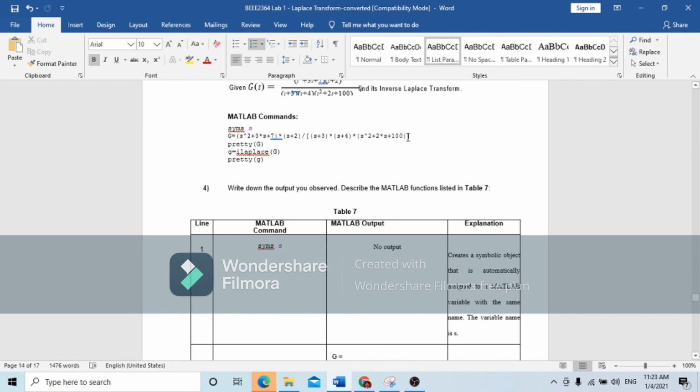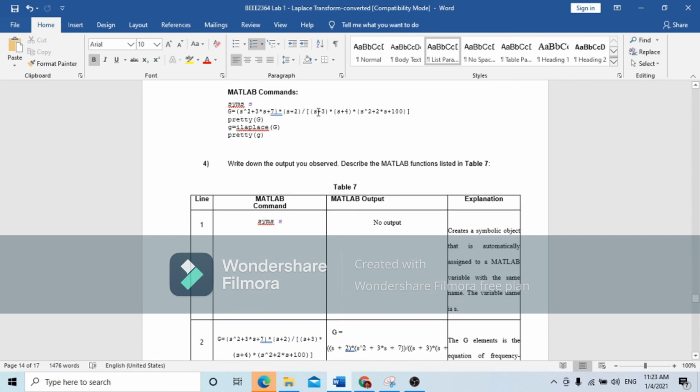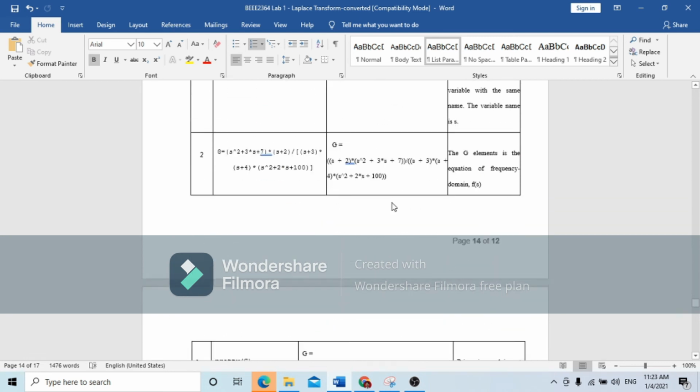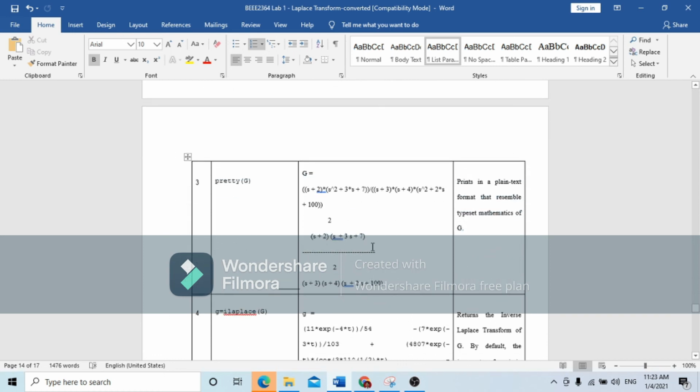G is the equation, and then pretty(G) prints the typeset mathematical format for the elements in capital G. In mathematical format, this is the first equation, and it changes to mathematical format.